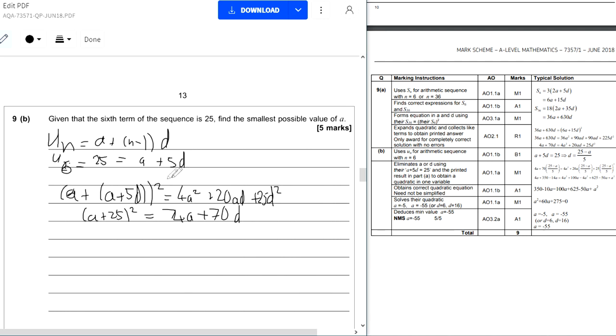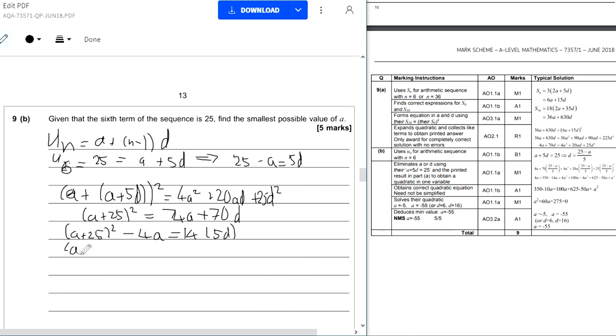We've made it a bit simpler, but we've still got a d here, and we really don't want that. So if I rearrange this to say that 25 minus a equals 5d, then we have (a plus 25) squared. I'm going to move that 4a over there, minus 4a is equal to 70d, which is the same as, no, just check this, yeah, it's the same as 14 times 5d.